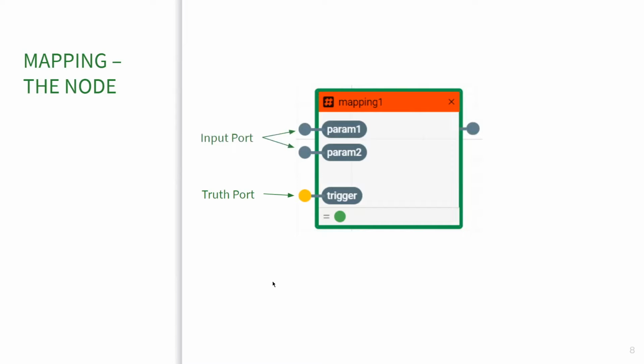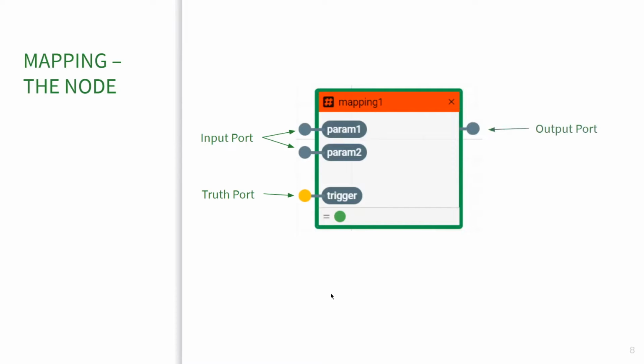It has input ports where you connect the actual input data. This is usually coming from data nodes or from other mapping nodes, and this connects the outside world to this mapping node so that you can use stuff from the outside world in the mapping node and change it.